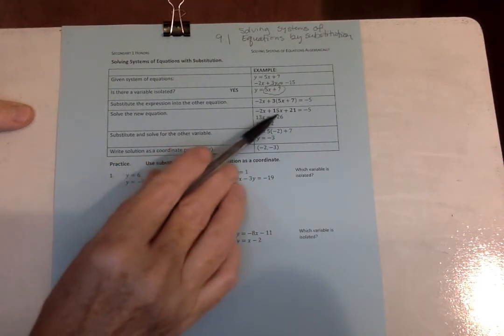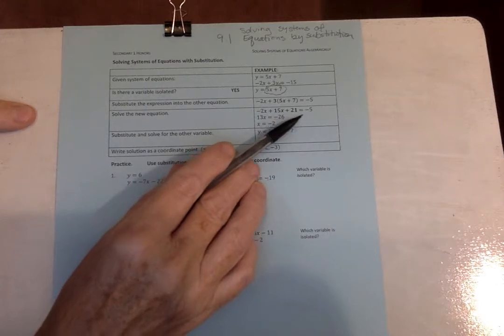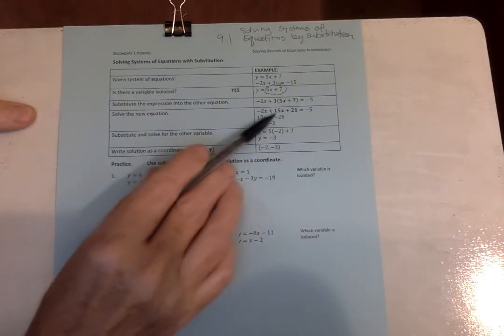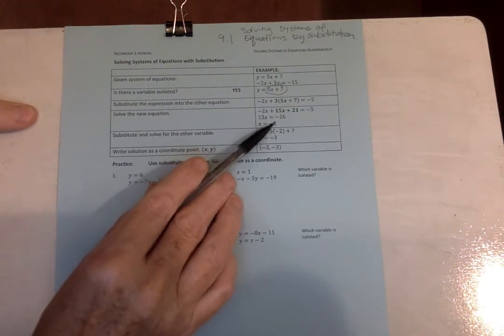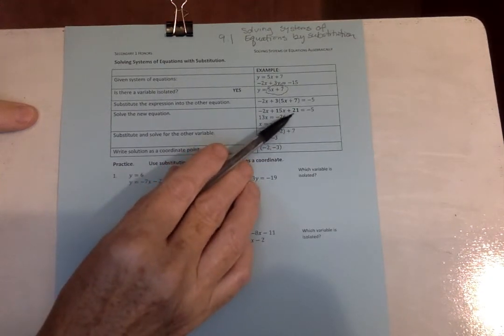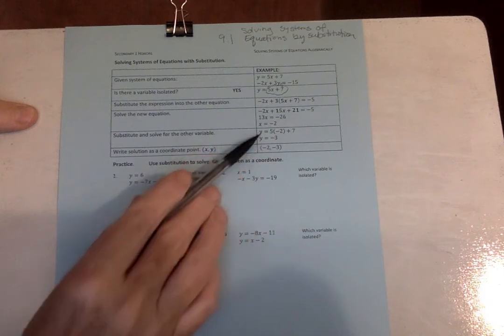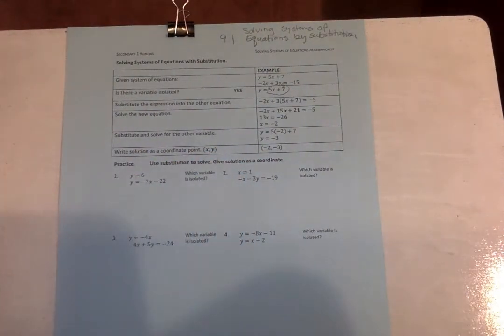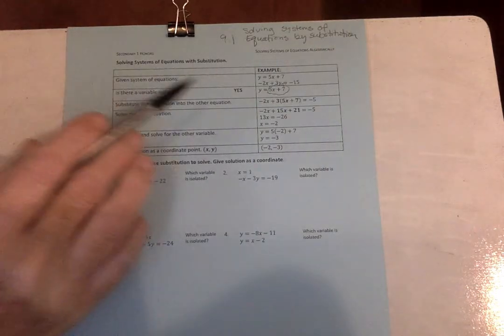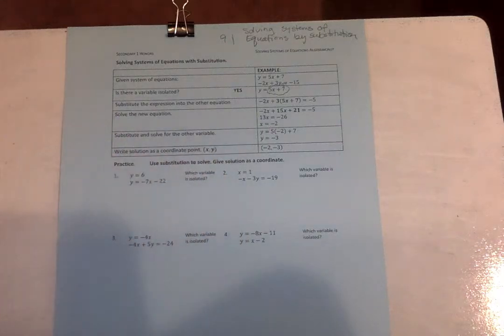Here we go, negative 2x plus 15x plus 21 is negative 5. Combine like terms. Negative 2x plus 15x is 13x equals, and we did minus 21, negative 26. Divide by 13, and x is negative 2. Now, once we have one variable solved for, we can solve for the other one.